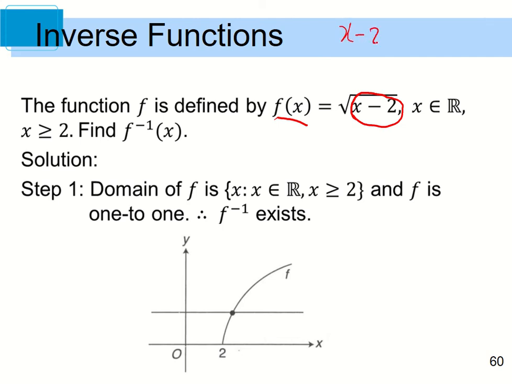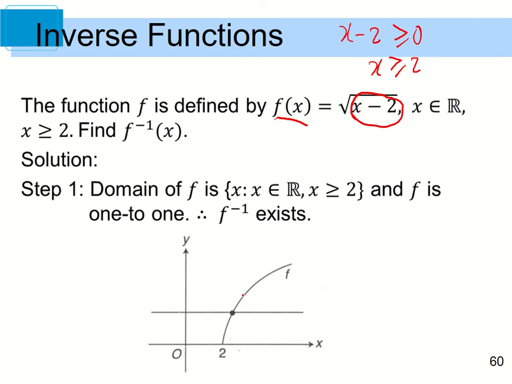So x minus 2 is greater than or equal to 0, therefore x should be greater than or equal to 2. The graph of this function will look like this, starting from 2, the graph of a square root function.